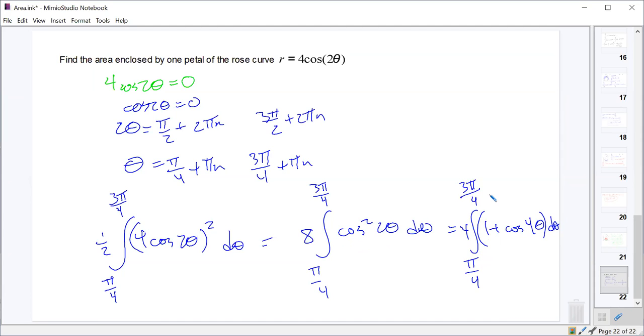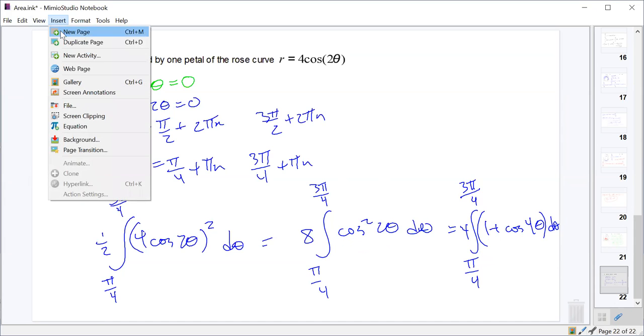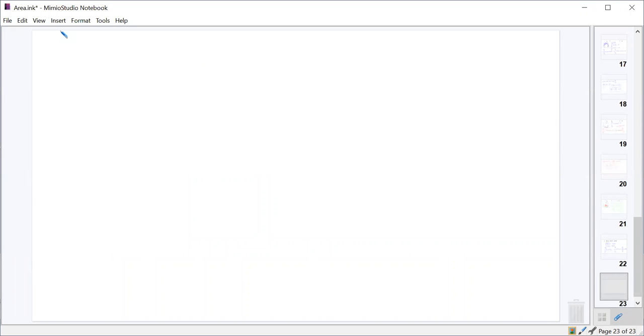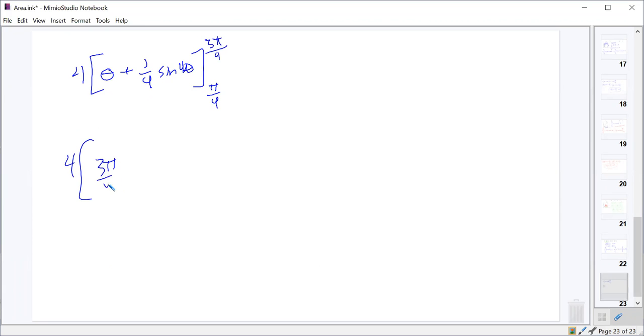And now we should just be able to integrate that, right? That ought to become a 4 times theta plus 1/4 sine 4 theta from pi over 4 to 3 pi over 4. And we'll have 4 times 3 pi over 4 plus the sine of 3 pi.